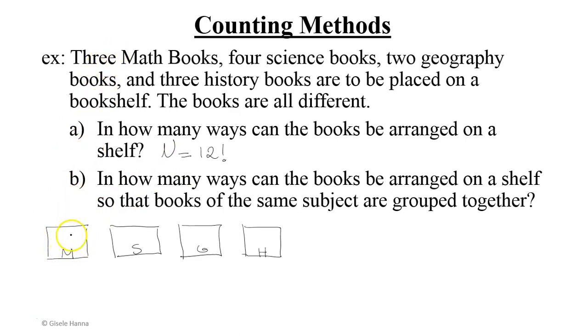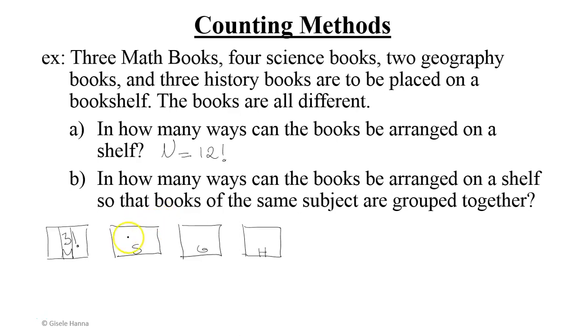In this block, the 3 math books could be arranged into different possibilities. Since I'm arranging 3 objects out of 3 objects, I can rearrange the math books in that block 3 factorial ways.